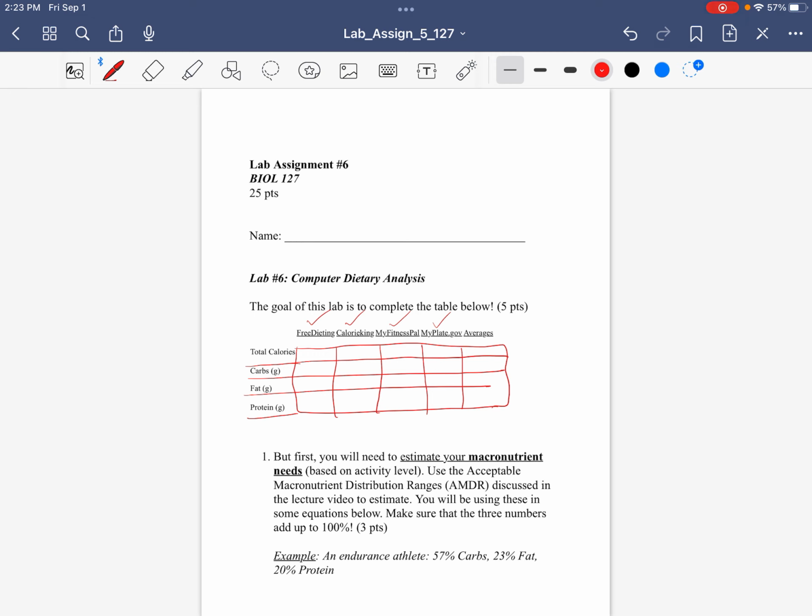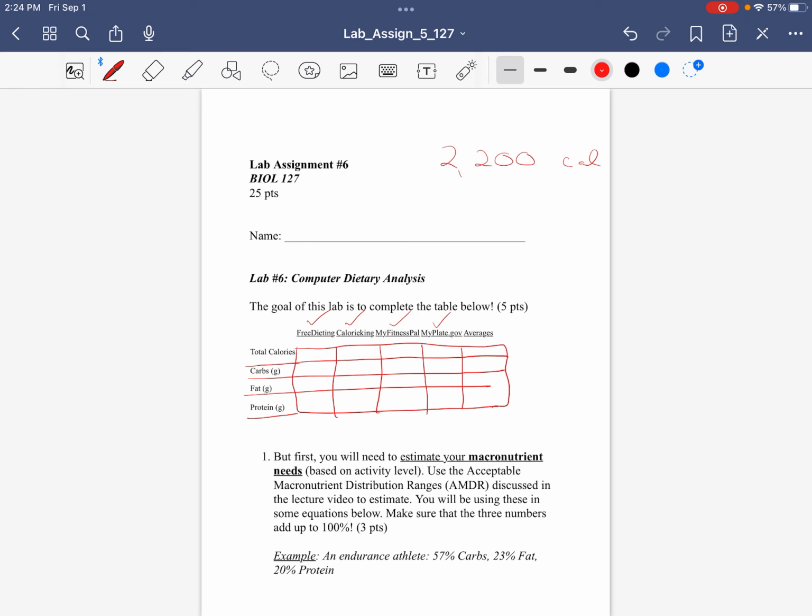So with MyFitnessPal, for example, usually when I do this, I'm a little bit older than most of you, I'm sure, it usually tells me I need about 2,200 calories per day, based on my age, height, weight, and activity level. Yours is going to be different, but does that mean that I absolutely need to eat 2,200 calories each day? No, it's a ballpark. Some days it'll be a little higher, some days a little bit lower, right? But it's a ballpark, okay?